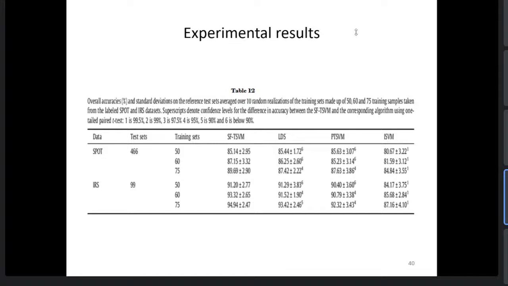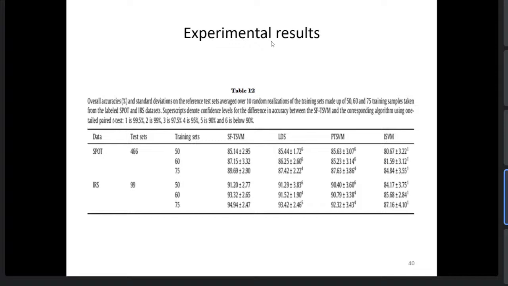What I'm discussing is only one dataset, the SPOT data. In the total labeled dataset there are 932 samples. We set aside 50% of the data, that is 466 for testing.